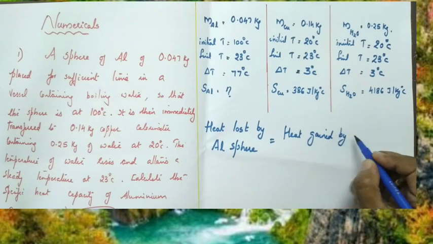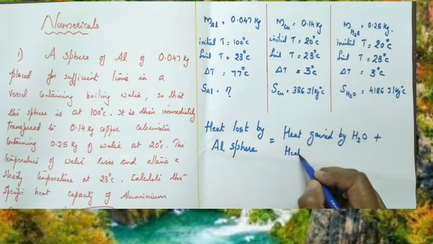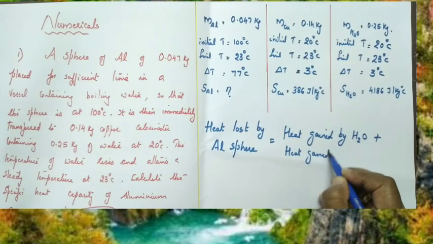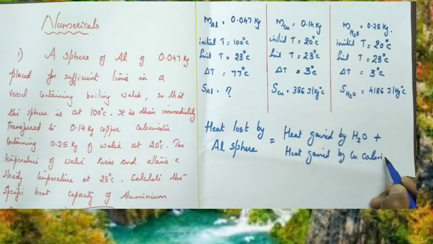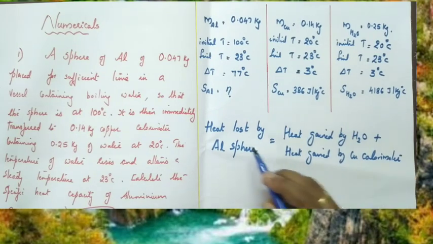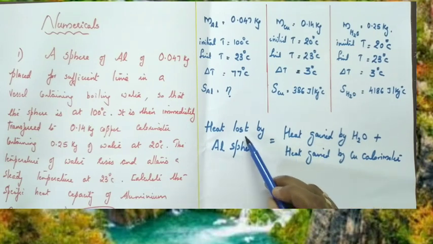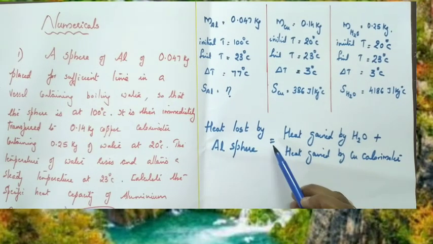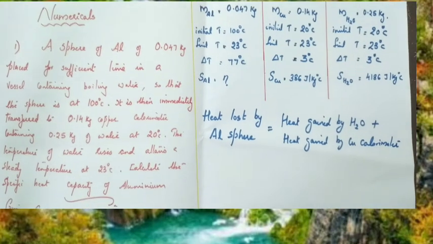So heat gained by water plus heat gained by the copper calorimeter. Okay children, so this is the main step. According to the principle of calorimetry, heat lost is equal to heat gained. Heat lost by the aluminium sphere is equal to heat gained by water as well as the copper calorimeter.